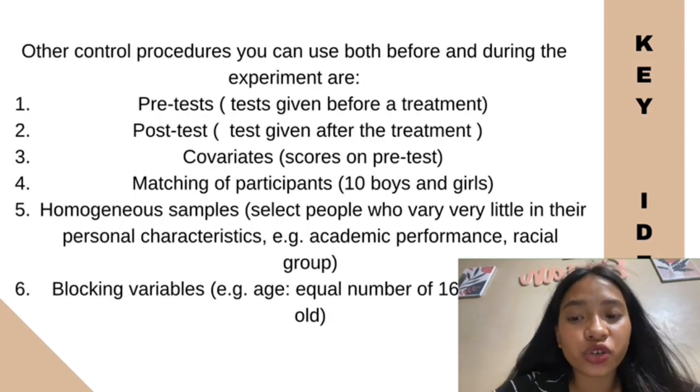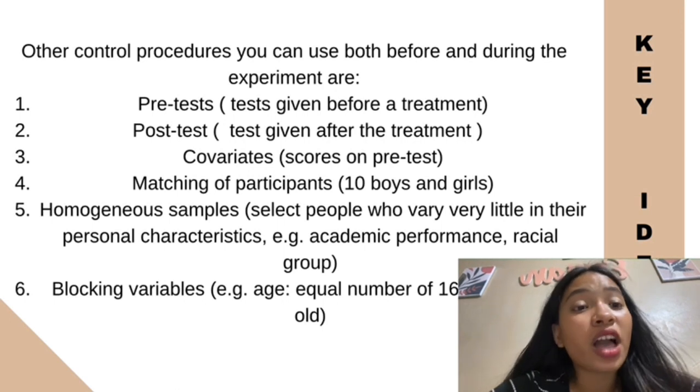Other control procedures you can use both before and during the experiment are pre-tests. A pre-test is the test given before the treatment. Next is the post-test. The post-test is the test given after the treatment.